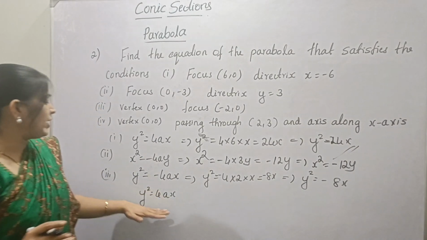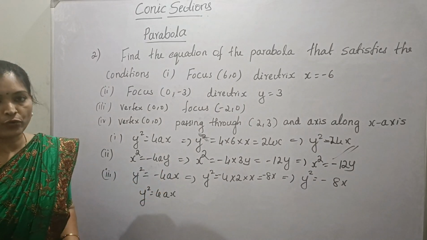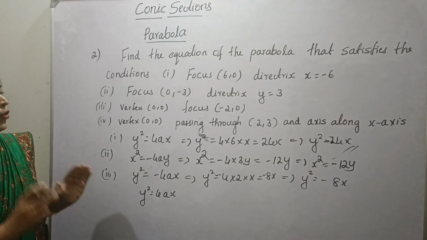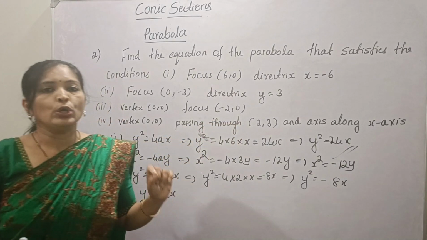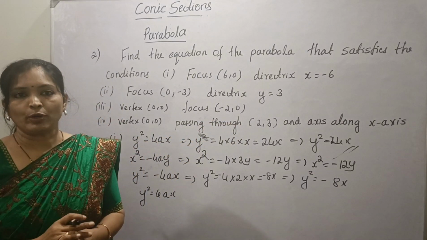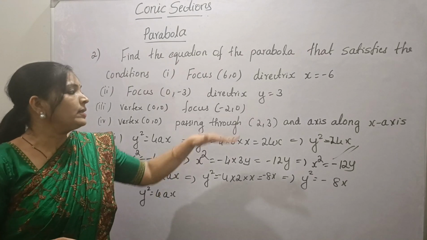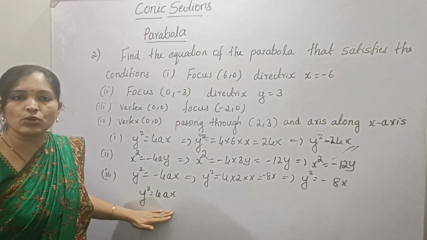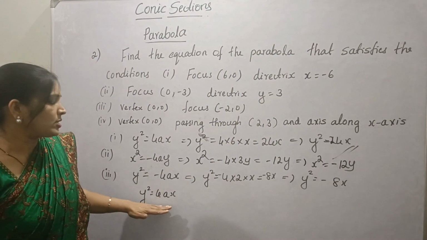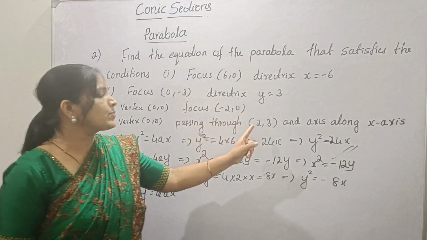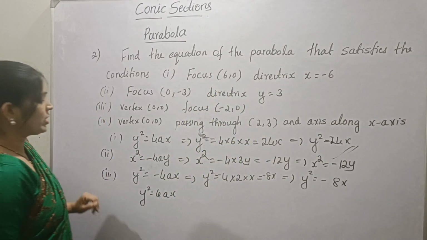Okay. So, we will write the equation y square is equal to 4ax. So, here we have to find the value of a. For that, here it is given that (2, 3) is a point on the parabola. If (2, 3) is a point on the parabola, then this (2, 3) should satisfy this equation, right? Because it is a point on the parabola.